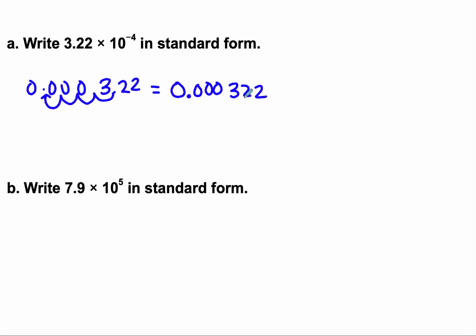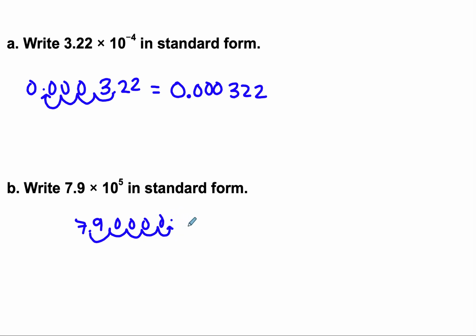If I have scientific notation and my exponent is negative, my standard form is going to be a decimal that's less than 1. Write 7 9/10 times 10 to the 5th power in standard form. So same thing, except now I have an exponent that is positive, which means my number is going to get bigger as I write it. 7 9/10. Okay, 5 places. 1, 2, 3, 4, 5. That's where my decimal's going. I'm putting in some zeros as placeholders. 1, 2, 3, 4.